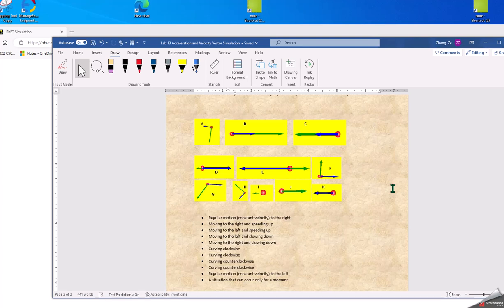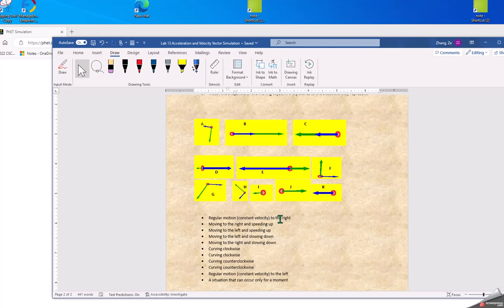All right, you see regular motion, which means constant velocity to the right. Think about it. Which one? That means basically no acceleration, but constant motion, for example to the right.